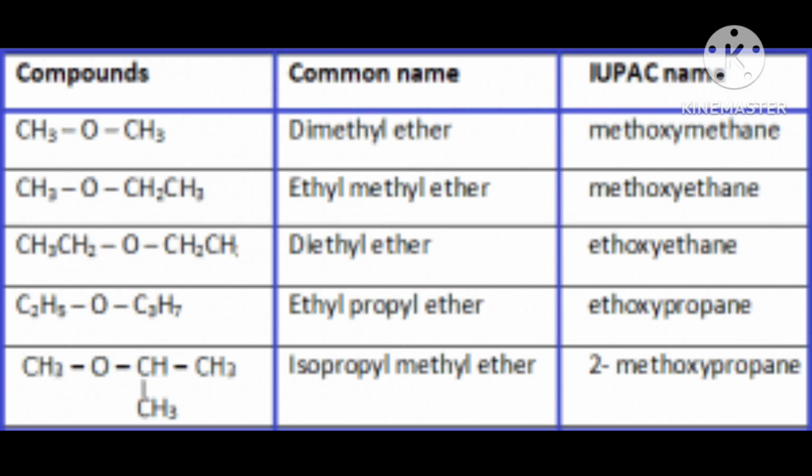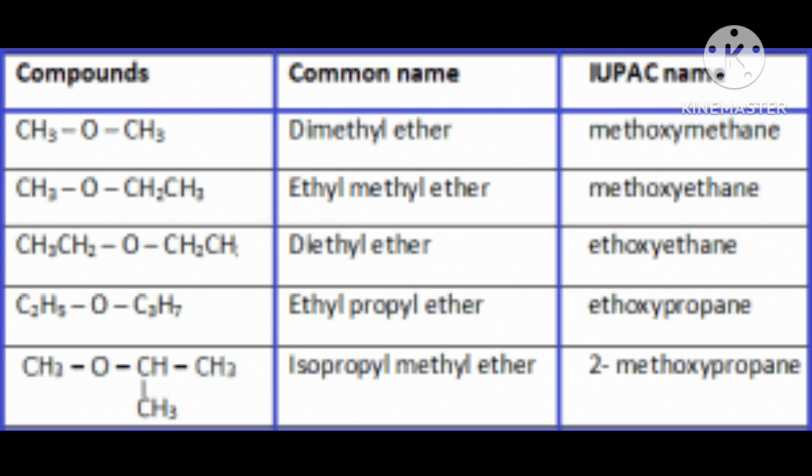Suppose two OH groups are attached to adjacent carbons, first carbon OH, second carbon OH. Then what will be its common name?